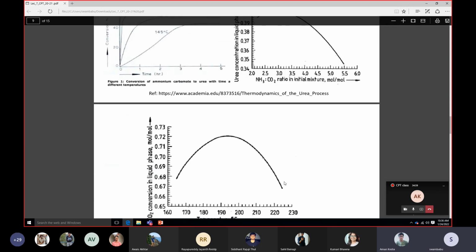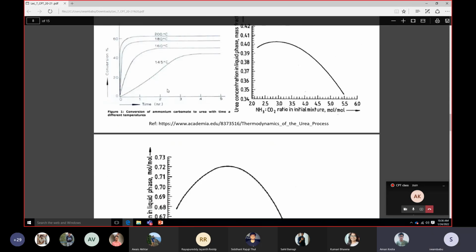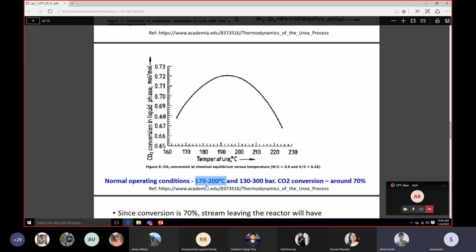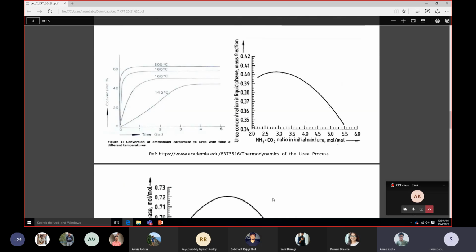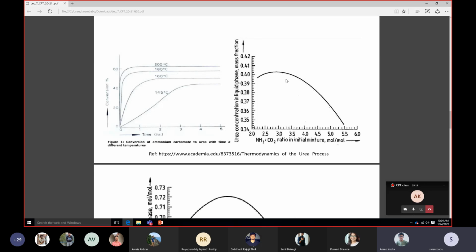So from the thermodynamics and kinetics point of view, we need to operate at 170 to 200 degrees centigrade and at this pressure. And to avoid biuret formation and to make the first reaction go in the forward direction, we supply slightly excess ammonia than the stoichiometrically required.